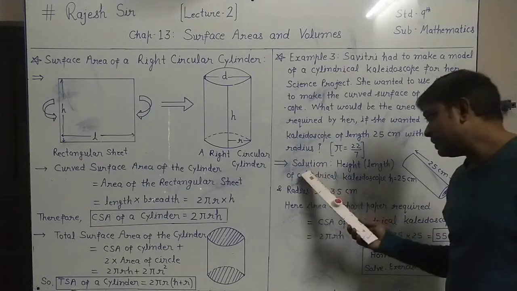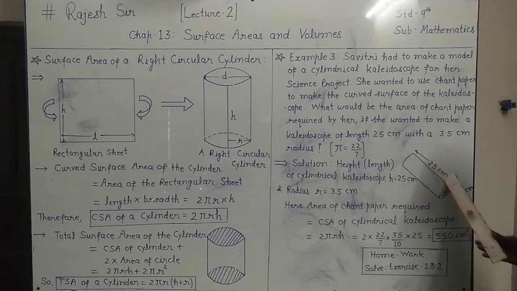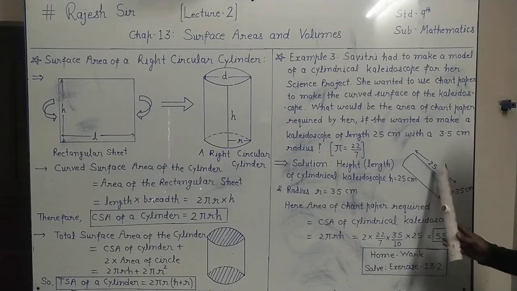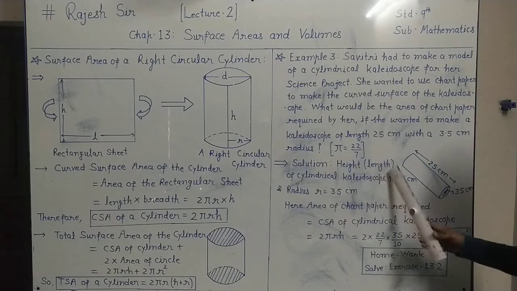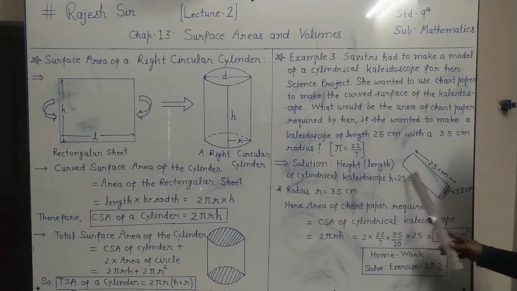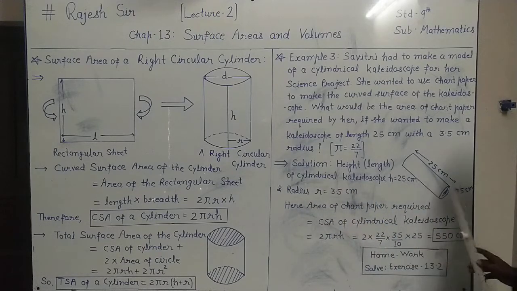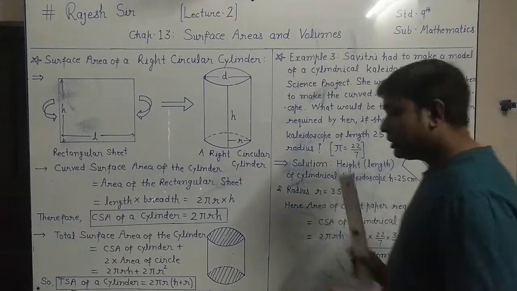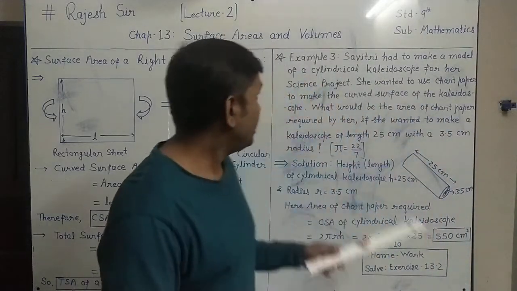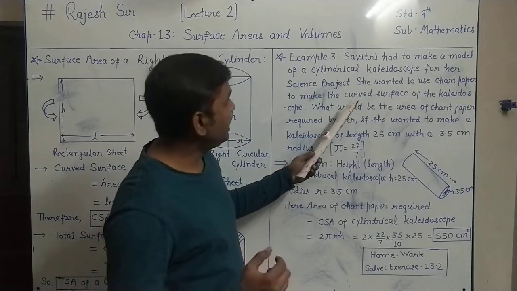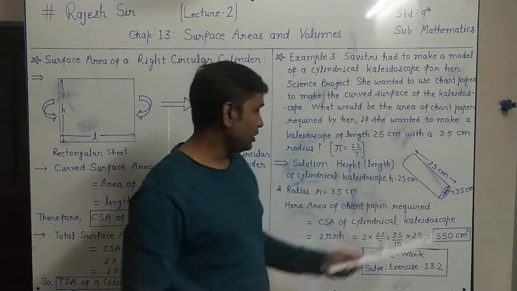So in the solution we start here. The kaleidoscope is shown cylindrical. The length is also called height. Height or length of the cylindrical kaleidoscope h equals 25 cm, and the radius r equals 3.5 cm. Here, we want to find the area of the chart paper required, because she covered its curved surface part only.